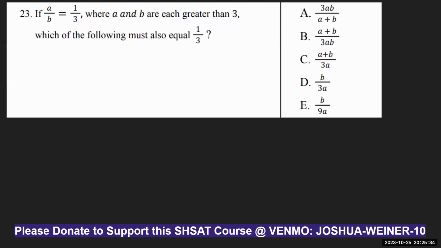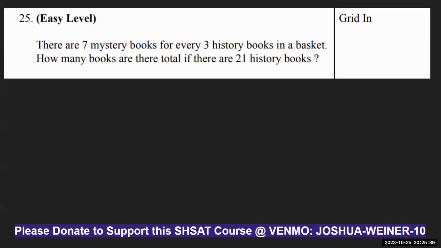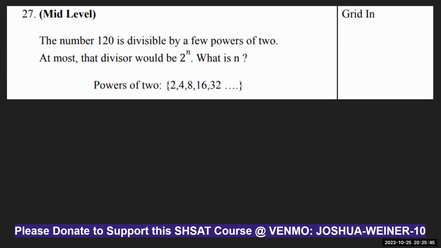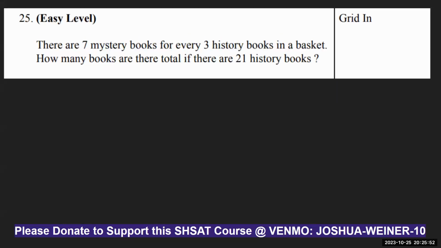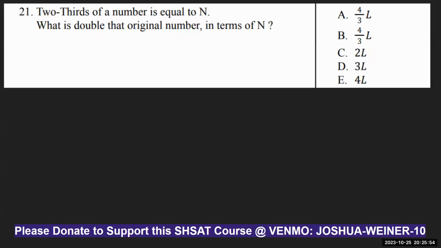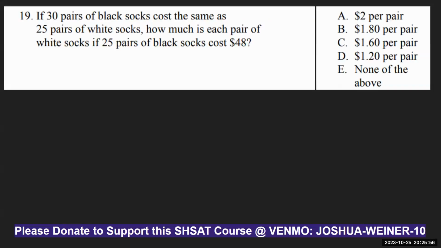Converting units again. All right. You know what? I'm going to do two more because there are some good ones here. 19 is the challenge level problem, and then we'll do one of the grid ins. So actually, bear with me. Let's just do two more, just so you get an idea of the way the writers write on the SHSAT.